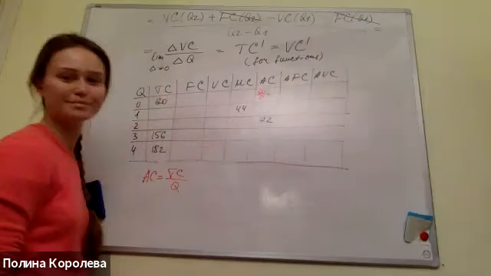So first of all, the easiest thing which we can do here is our average costs, because we have total costs and we have Q. So average costs for the first row would be 60 over 0, and it would be... no, 60 over 0 is not 60. It's not 0 either.